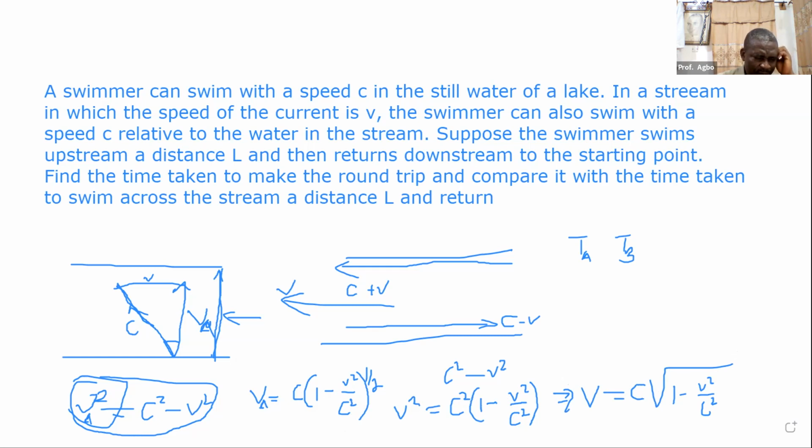So what about the time? The time to cross the stream in the straight direction across, which we have labeled T_A, is equal to L, which is the distance across, over V_A.